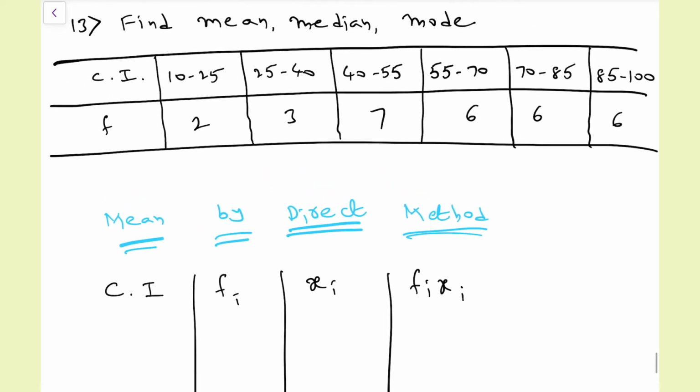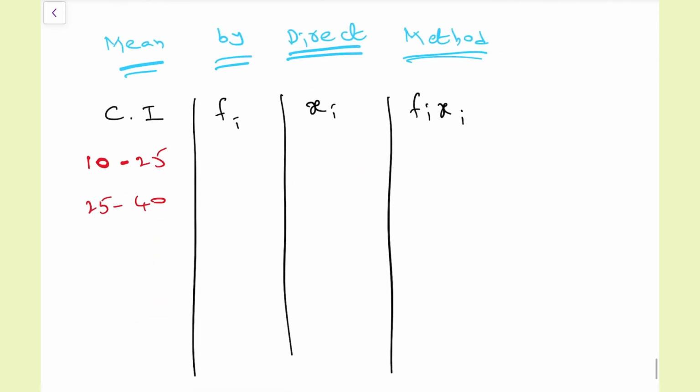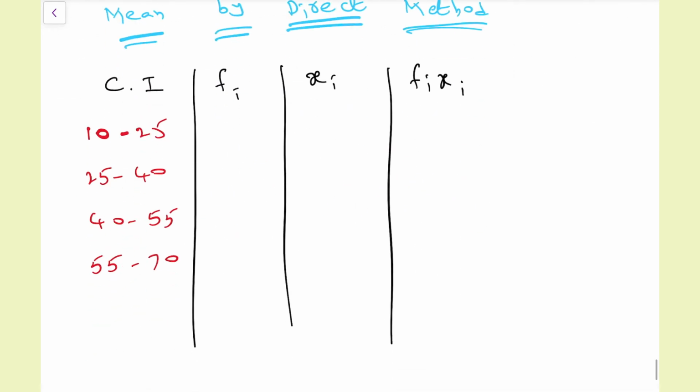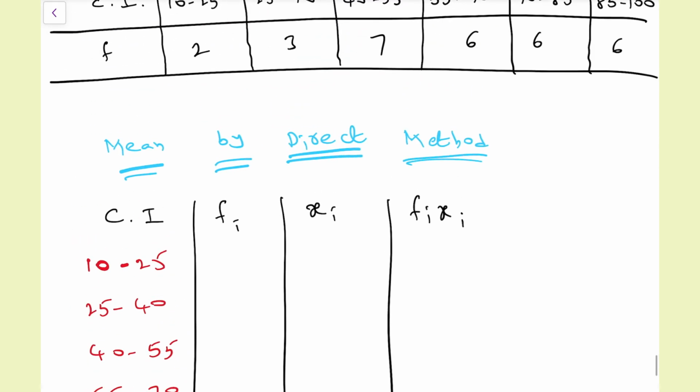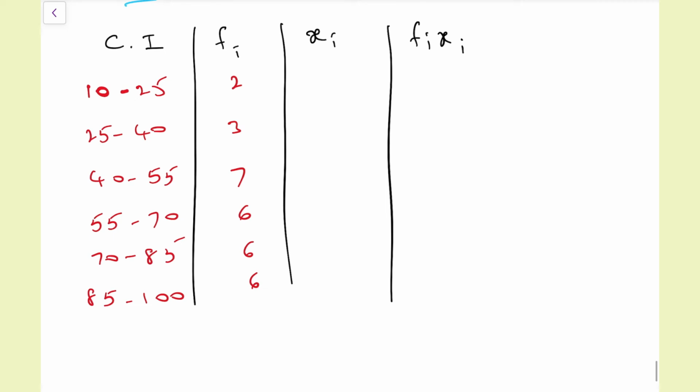The class intervals will be given in the question itself: 10 to 25, 25 to 40, 40 to 55, 55 to 70, 70 to 85, 85 to 100. Next, the frequencies are 2, 3, 7, 6, 6, 6. The class intervals as well as frequencies are given in the question itself, and I wrote them as they are.